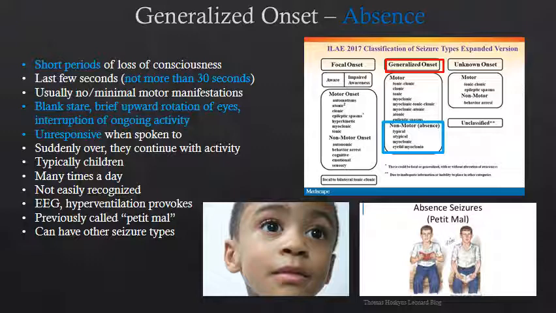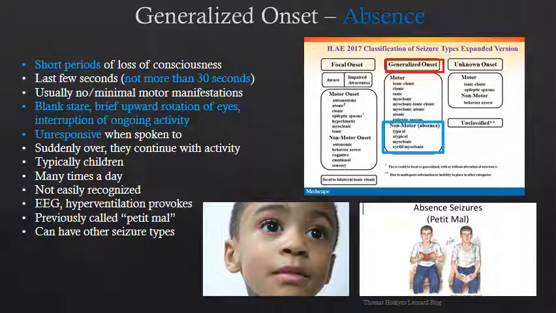The picture of the little boy on the left shows an example of an absence seizure with a staring spell. As you can see, it can be quite subtle and not easily recognized by a child's parents or teachers as being a seizure. This is often confused with a child just daydreaming in class or being distracted.